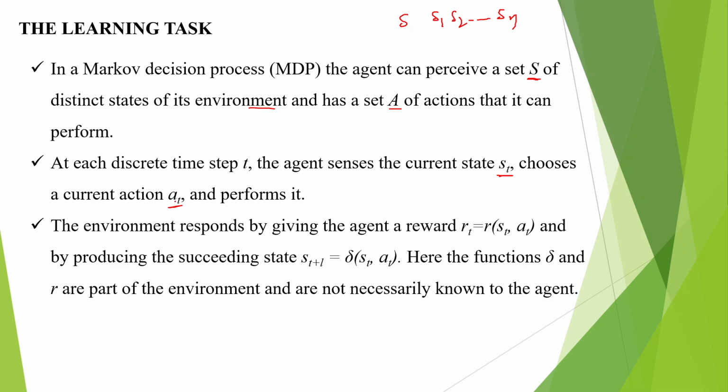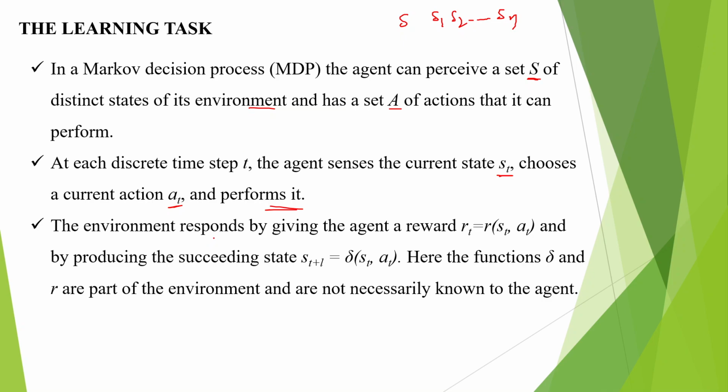Okay, AT is nothing but a selected action at a particular time T, and performs it. Because all actions will be performed sequentially and all state changes will occur sequentially, we need to mark all these actions and all these states with respect to time.